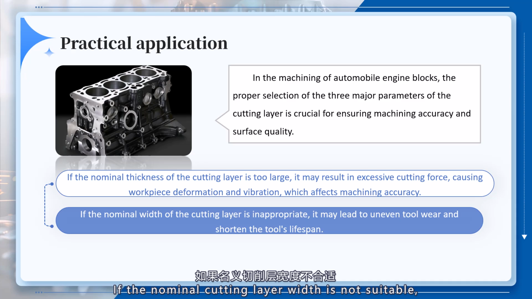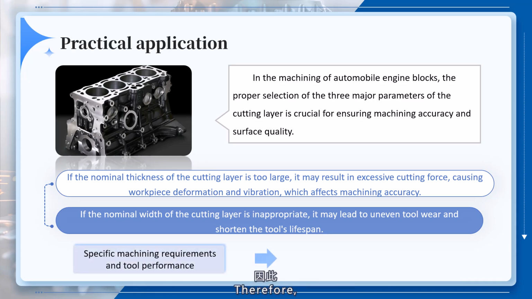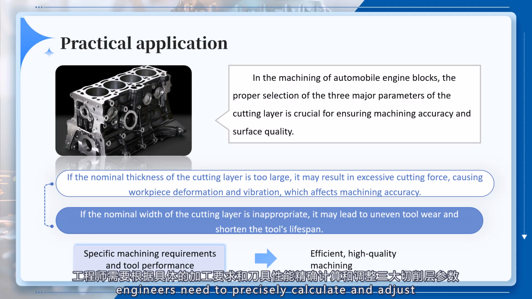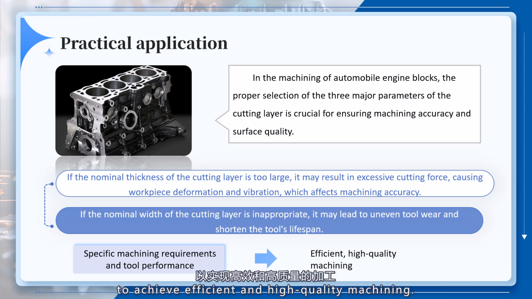If the nominal cutting layer width is not suitable, it may lead to uneven tool wear, shortening the tool's lifespan. Therefore, engineers need to precisely calculate and adjust the three major cutting layer parameters based on specific machining requirements and tool performance to achieve efficient and high-quality machining.